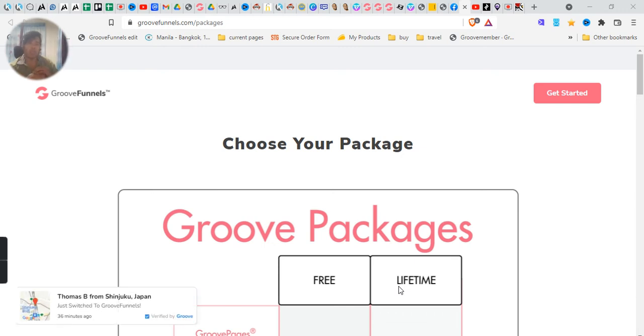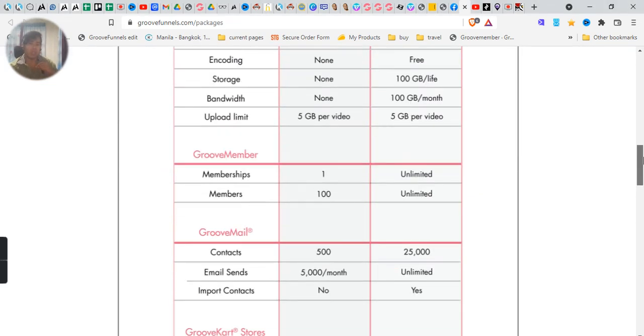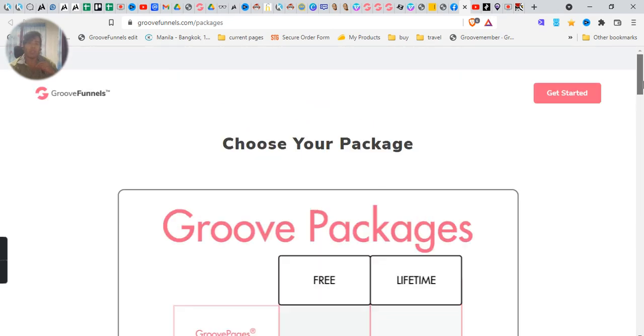So for a certain period of time, you coach people on getting something done, and you do it together in a group, for instance, or one on one. You could use Groove Member, for instance. You get one free membership, and it allows you to have 100 members, which is great.